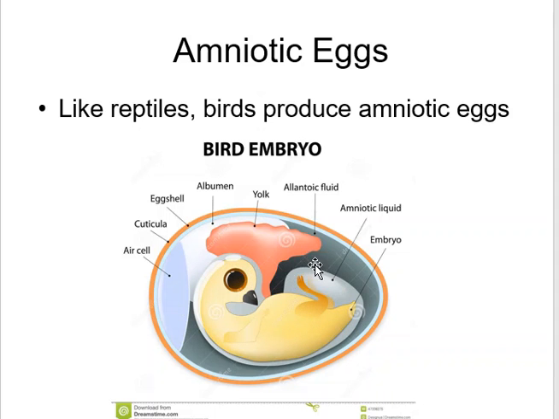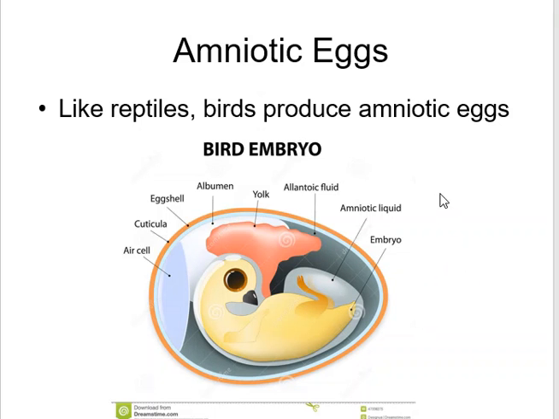That is known as the amnion. The membrane is the amnion, and we saw that in a previous representation. Same exact type of egg. So not much novelty there.